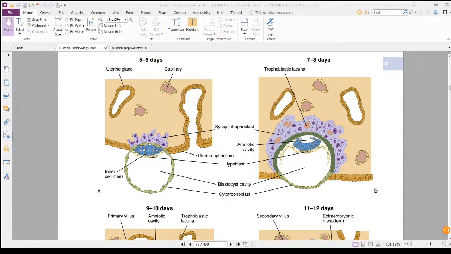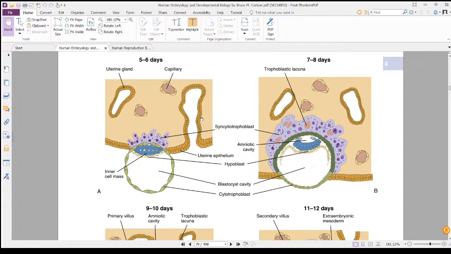Now, only a small area of syncytiotrophoblast is evident at the start of implantation. Soon this structure surrounds the entire embryo, meaning the covering that I told you about is this covering only.